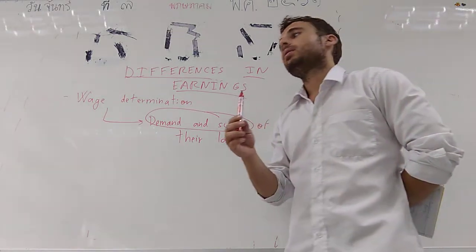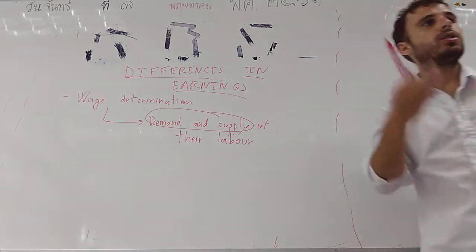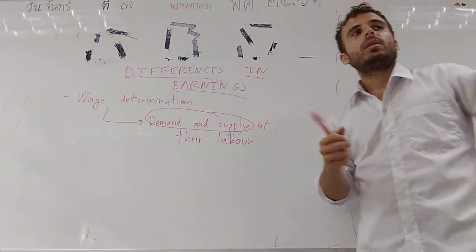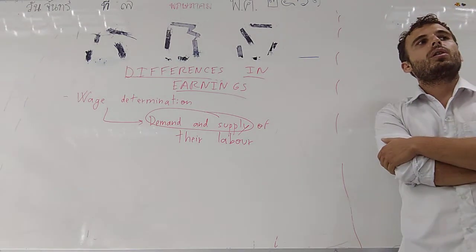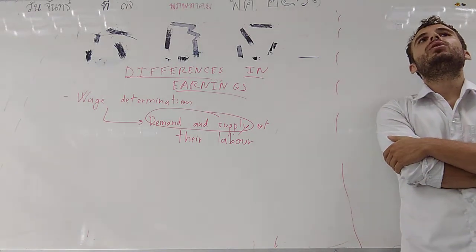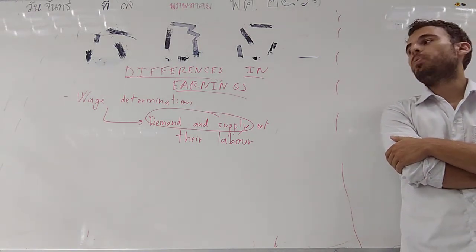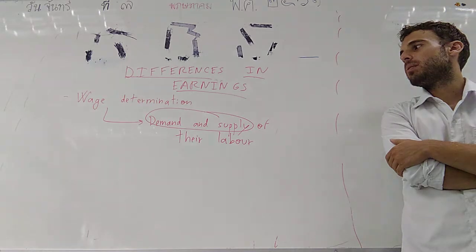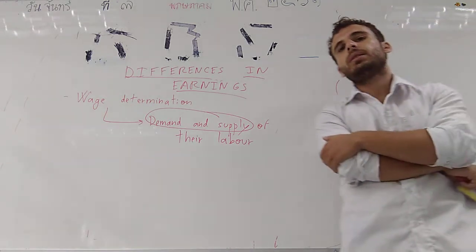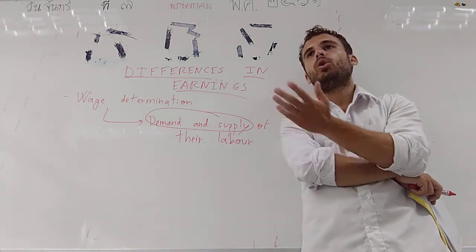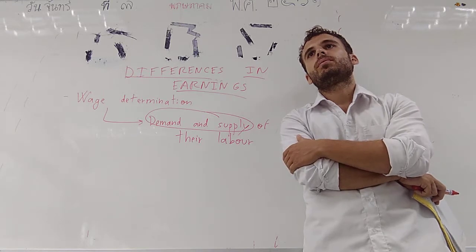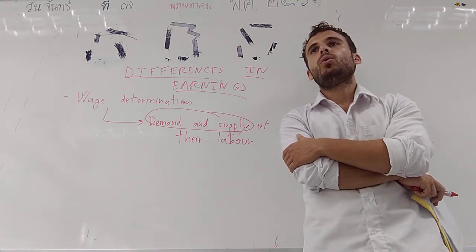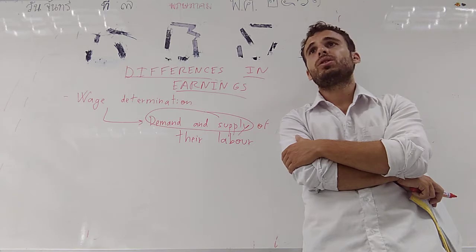Now, why is the salary still low? What needs to happen for the price to be low? The supply must be higher than the demand, or the demand must be higher than the supply, if you want a low price. Yeah. If you want the prices to go down, you have to increase the supply.